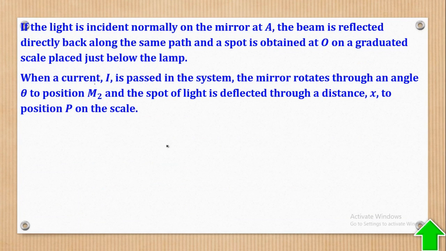So when a current I is passed through the system, the mirror rotates through an angle theta to position M2, and a spot of light is deflected through a distance x to position P on the scale.